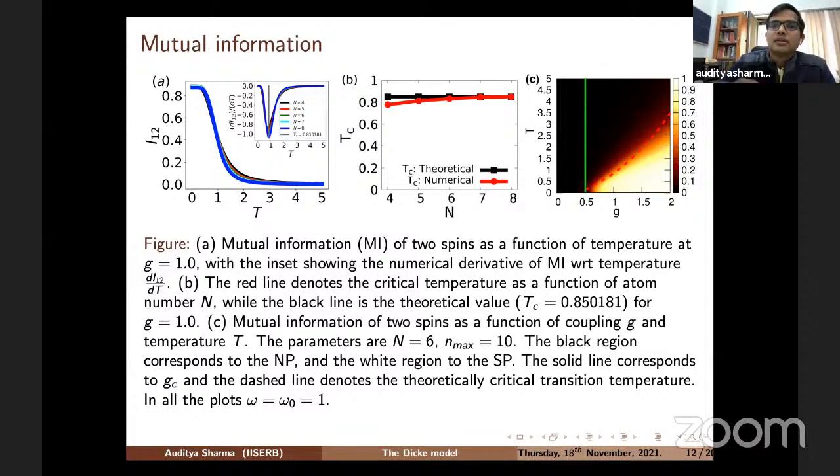So this shows, I mean, there is some kind of a scaling expression data in figure B. So basically, our study suggests that in fact, mutual information between any two spins is a good marker for this temperature phase transition. Just like what is already known is that if you just study the entanglement between the spins and the bosons, the quantum phase transition is well described by this, right?